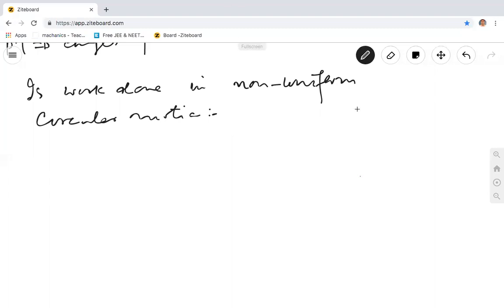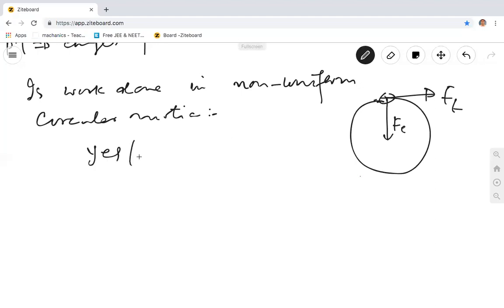Zero? Look, the particle has the tangential force and the centripetal force Fc. Will work be done? The answer is yes. Who does that work? Ft does that work, because Ft has the same direction as velocity. Therefore, this is what does the work.